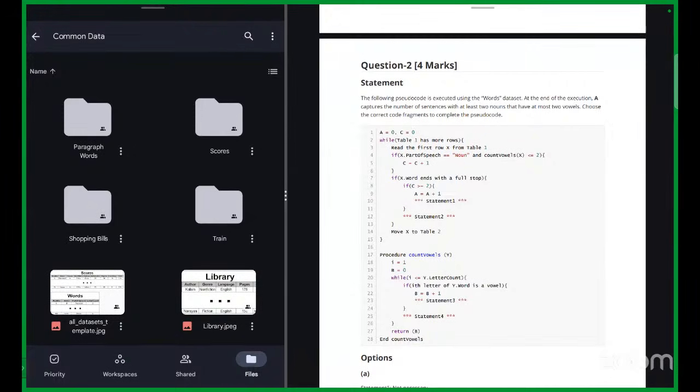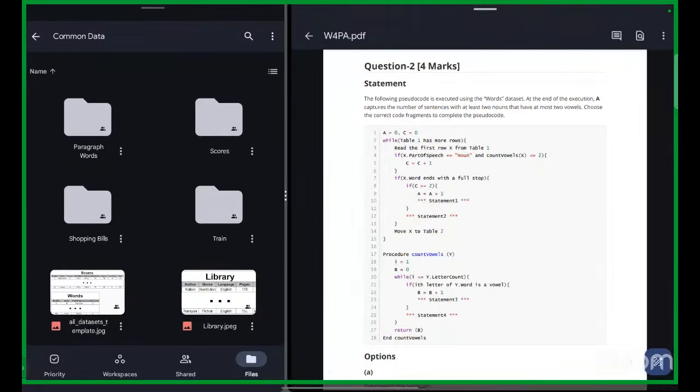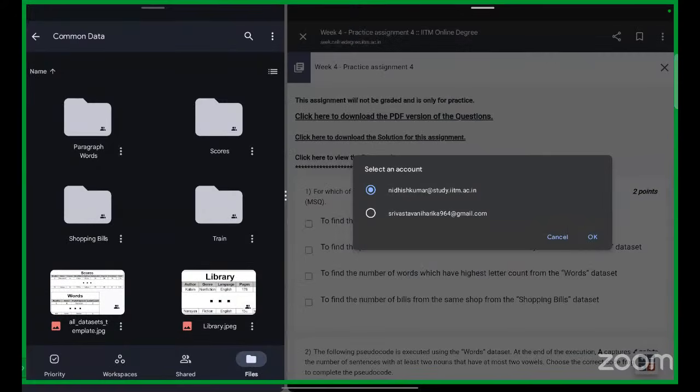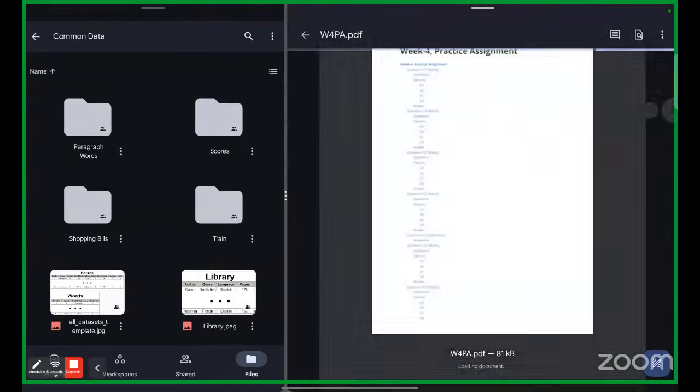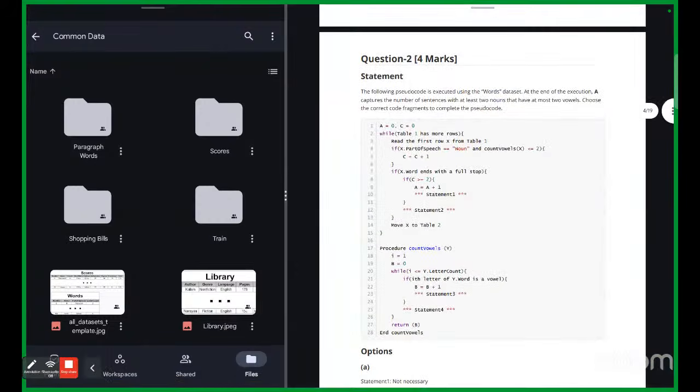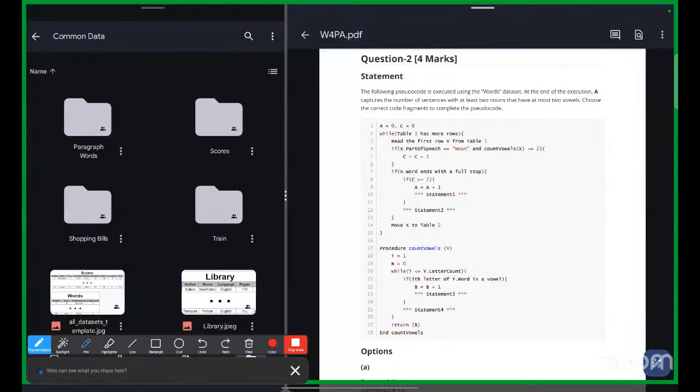So, at least there should be two nouns, and the noun should have at most two vowels. So, the number of vowels should be less than or equal to two, and the sentence should have greater than or equal to, sorry, two nouns. So this is the condition.